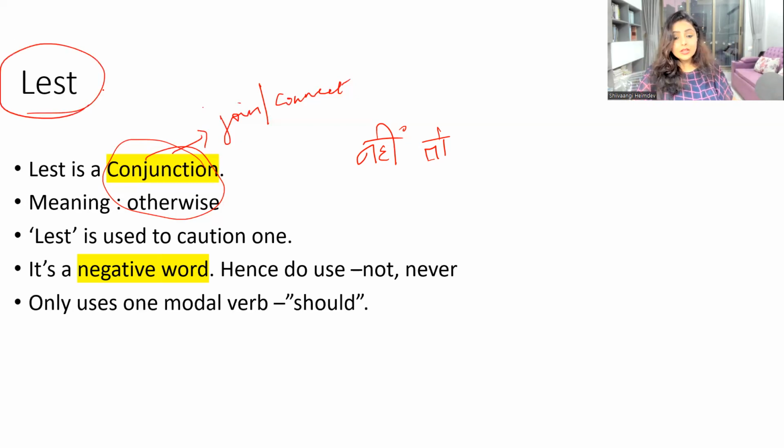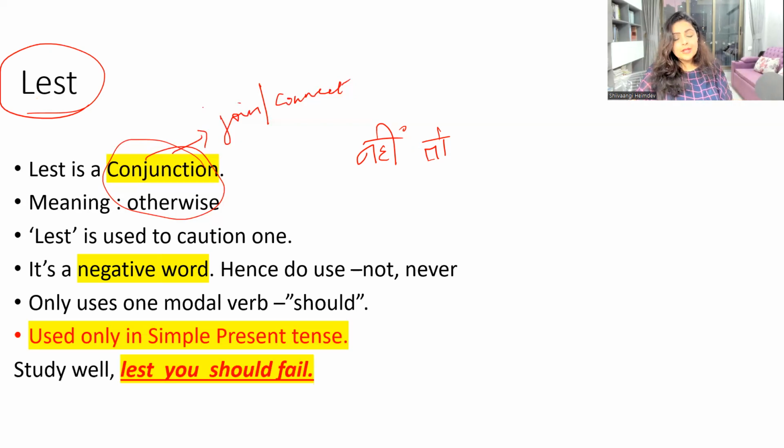Now, when I talk about modal verbs, lest will always take the modal verb should. It will always take this verb should and no other modal verb. So out of all the modal verbs that exist, may, might, can, must, should, it will only settle with should in the sentences.